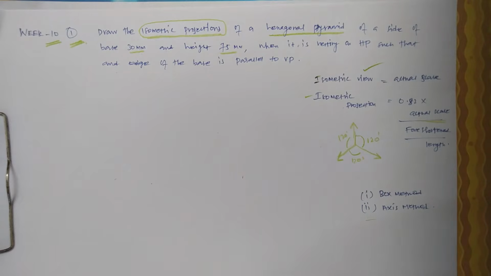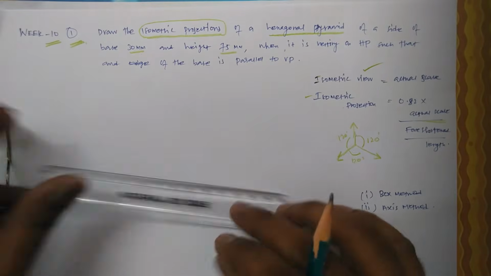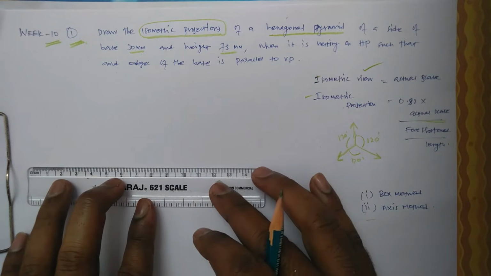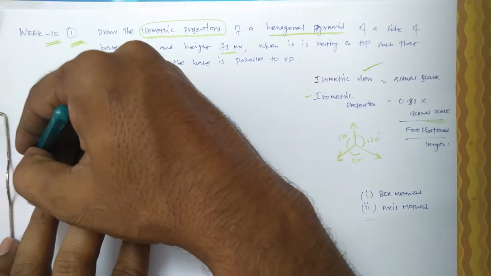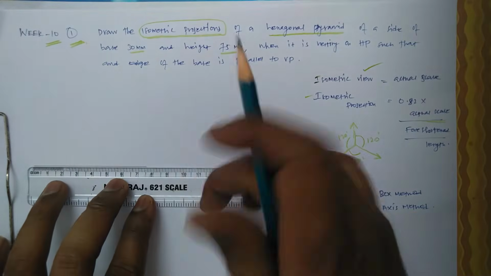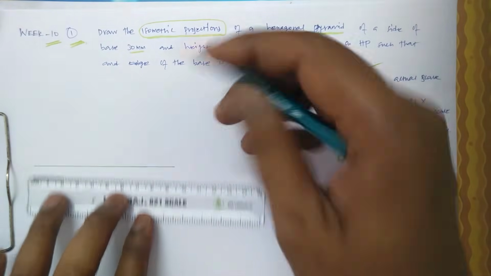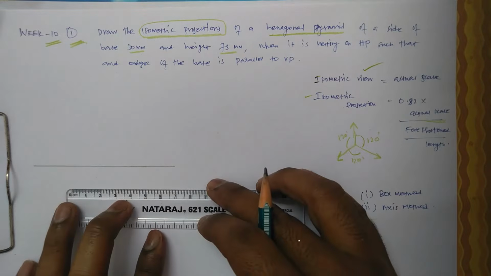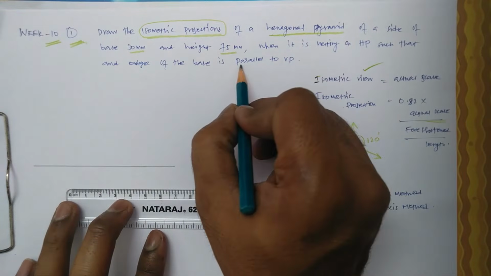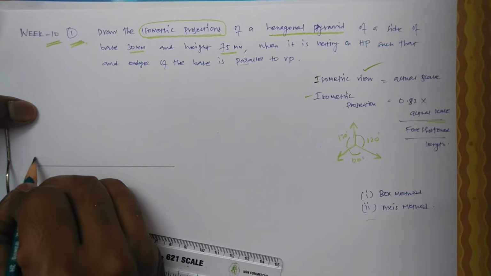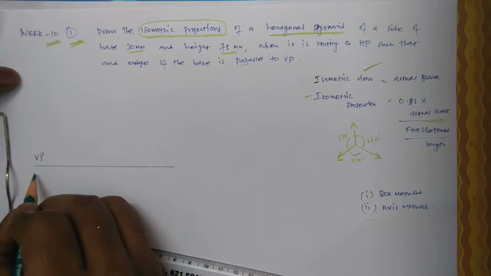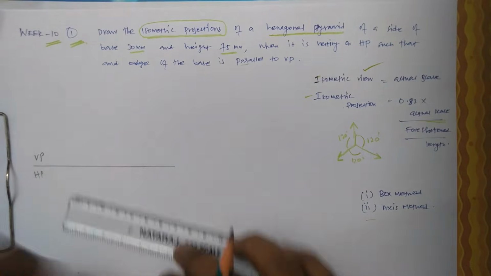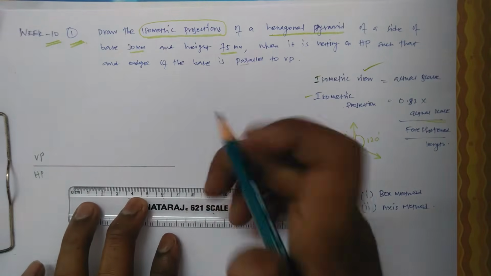The first step is the simple position, as we know, for the pyramid. They said its base sides are 30, but it's parallel to VP. This is VP, this is HP. Since this edge is parallel to VP, I can start the hexagon like this.